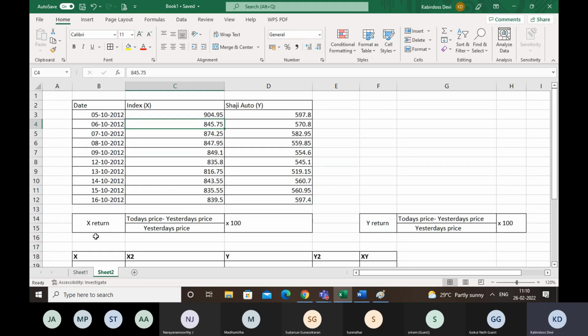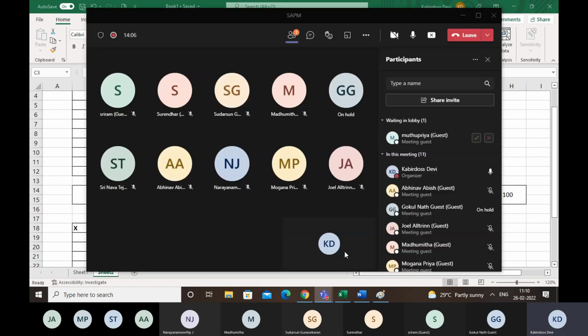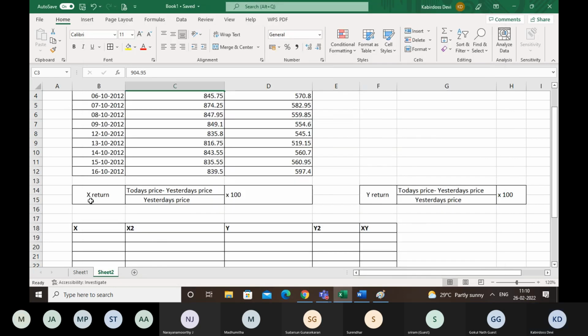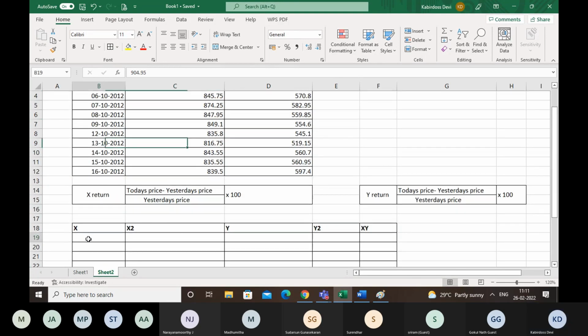So how do we calculate x? X is today's price minus yesterday's price, the whole divided by yesterday's price, into 100. So I'll try this in Excel. If you want, you can also try it with your laptop or handy device.